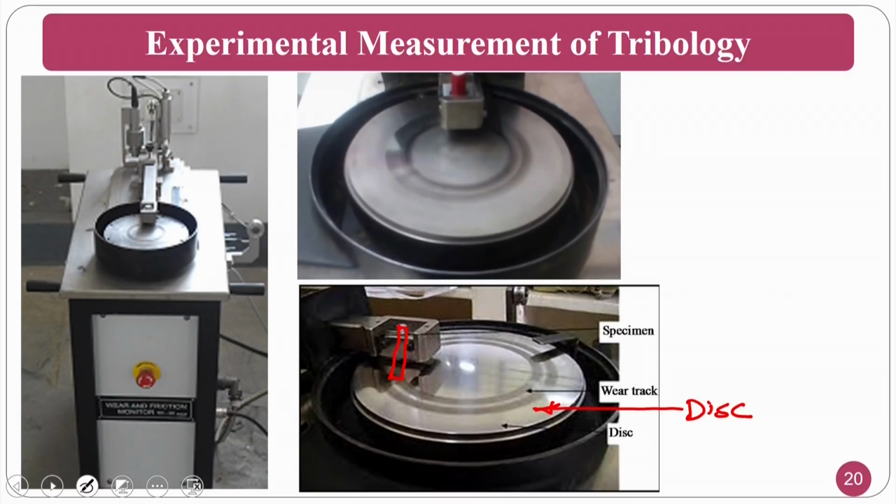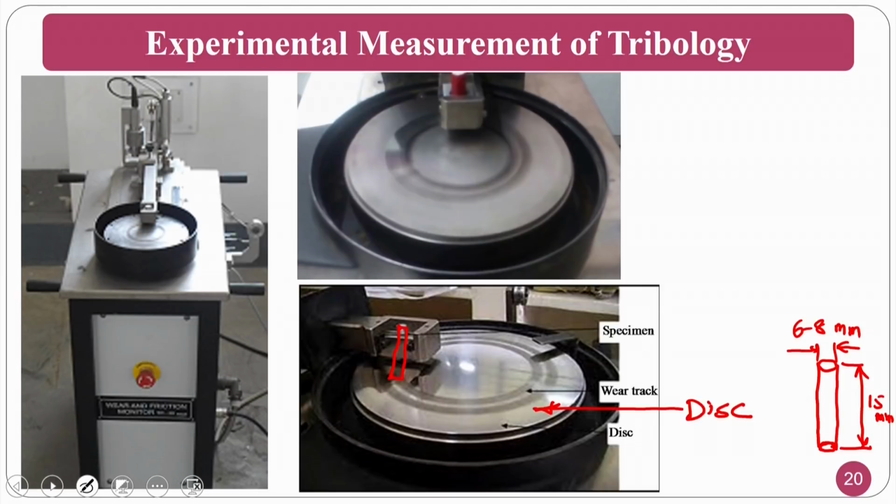Normally the size of the cylindrical pin that one can use, as per the standard, is 6 mm diameter by above 15 mm length. Normally what people take is in the range of above 15 mm length and 6 to 8 mm diameter.